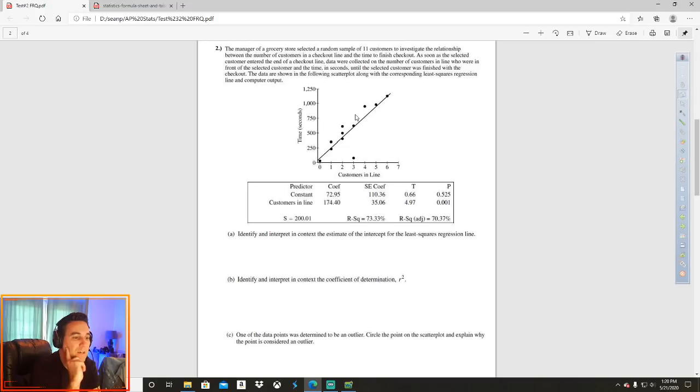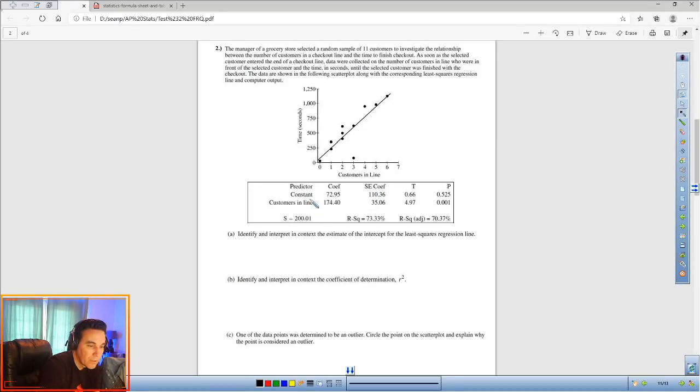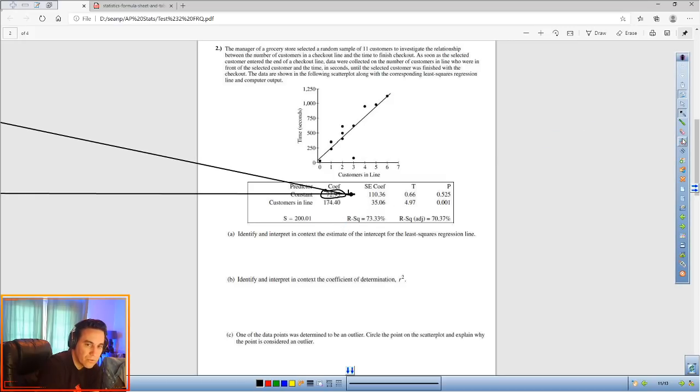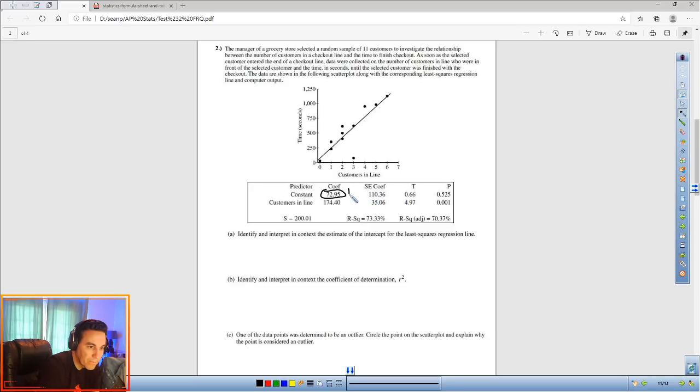So knowing this, remember which one was which. Super important. That's why I brought this one up. So remember, this is your constant, so that means this is the y-intercept. It must be a sensitive area on my tablet.